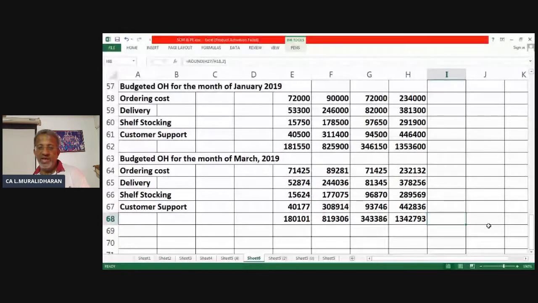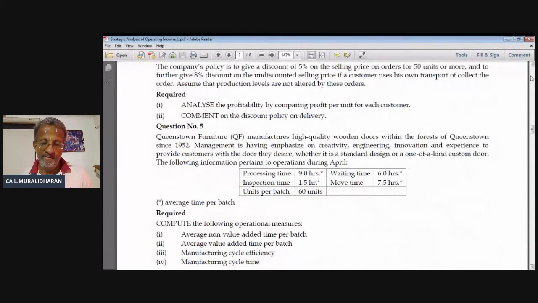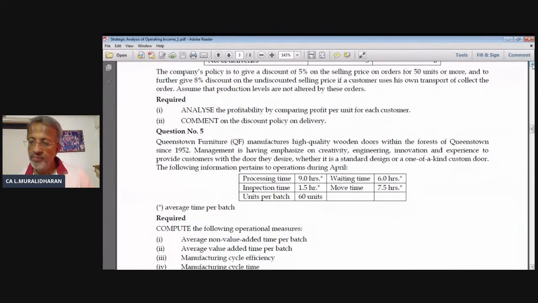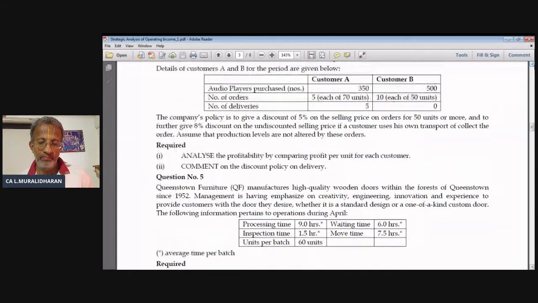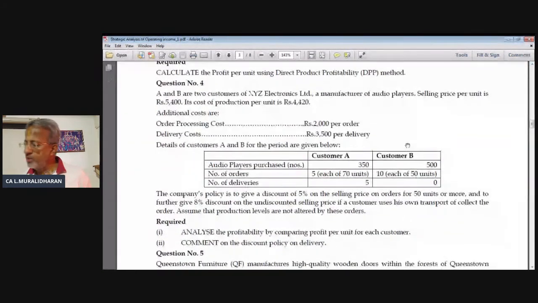And now let us take up question number 4, page number 3. Question number 4, whether we have already done it, please confirm this.